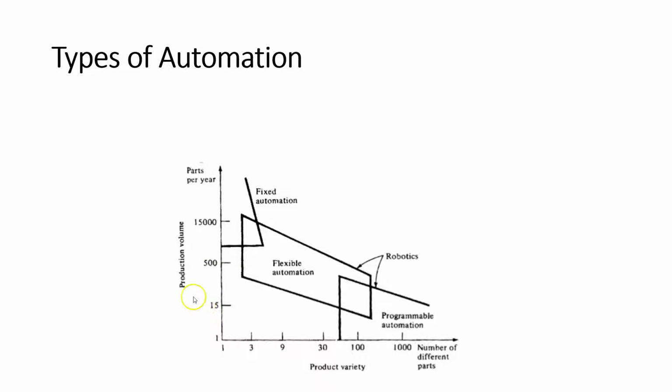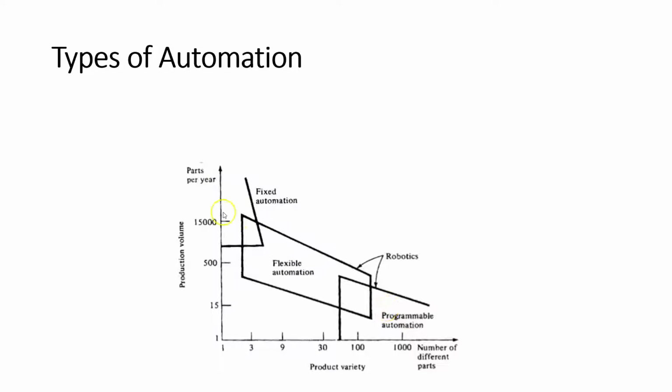So it's going to be on the lower end of this, versus some kind of a CNC machine or very fast automation where we're making a lot of parts per year. Like a sheet metal stamping operation, we can make lots and lots of parts per year. We could also say plastic injection molding. Those parts can be made very, very fast, so we can make thousands of parts per year there.